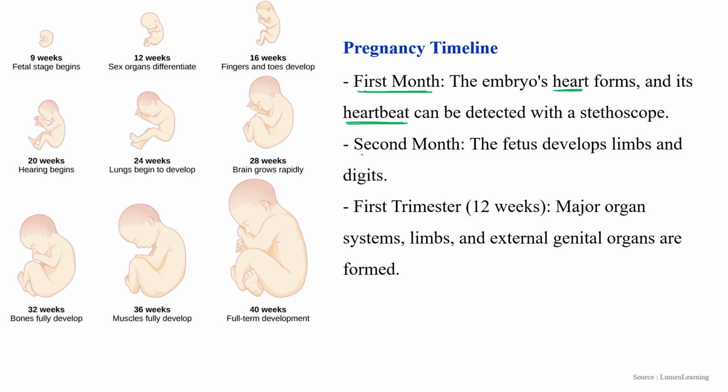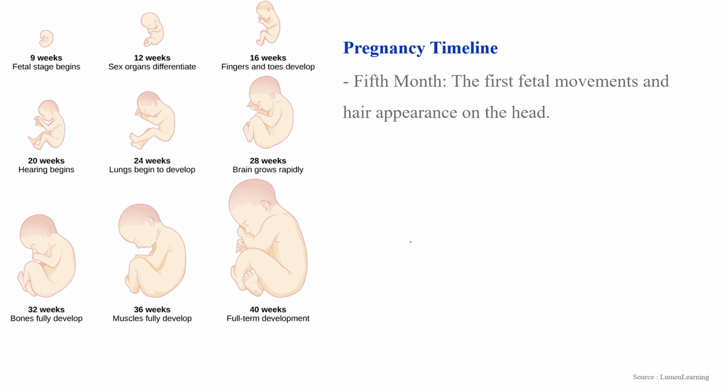In the second month, limbs and digits will get developed. In the first trimester, meaning 12 weeks, major organ systems, limbs, and external genitalia form. Sex organ differentiation occurs during the first trimester.